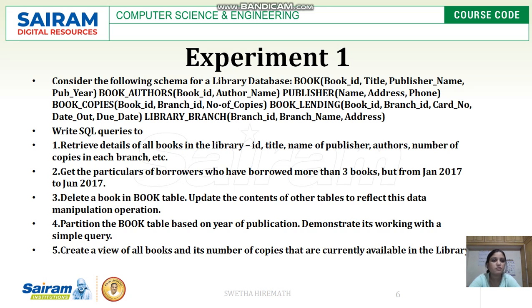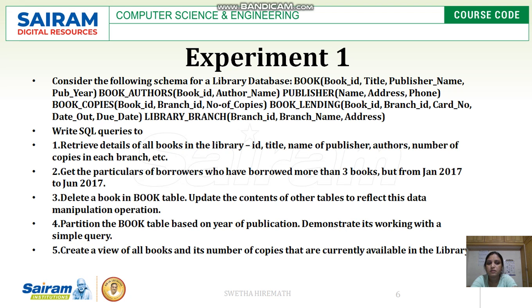This publisher will consist of name, address, and phone number. These are the three things which a publisher should contain: the name of the publication, the address where it is located, and the phone number.